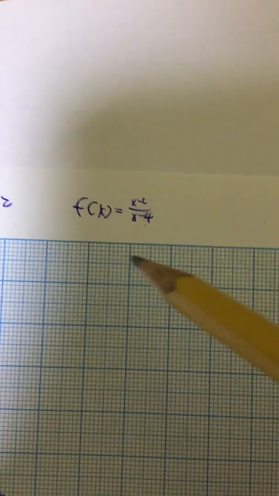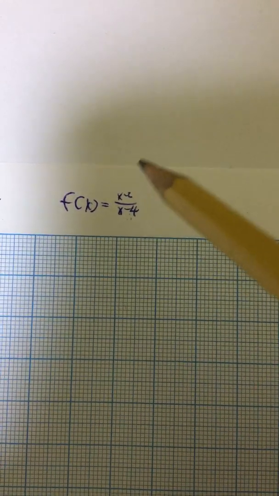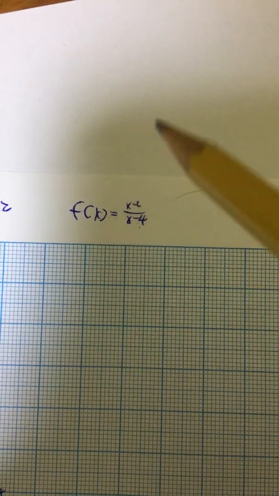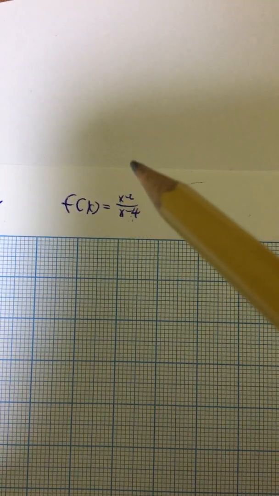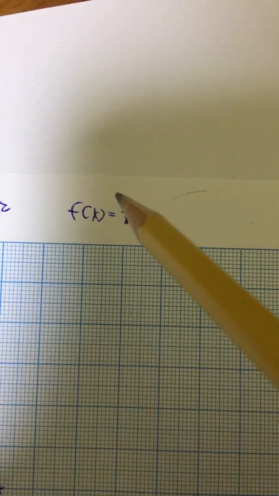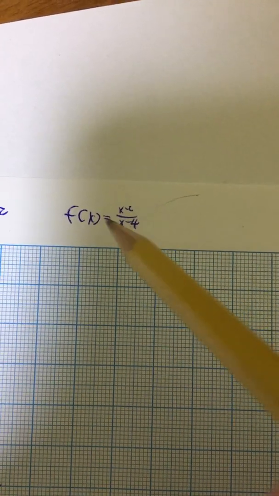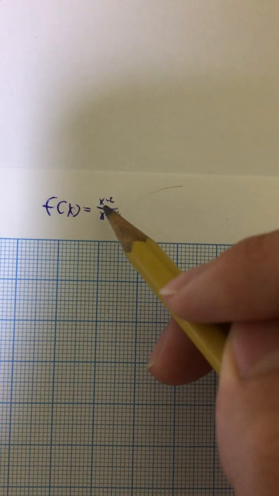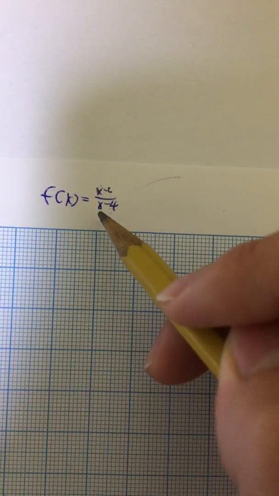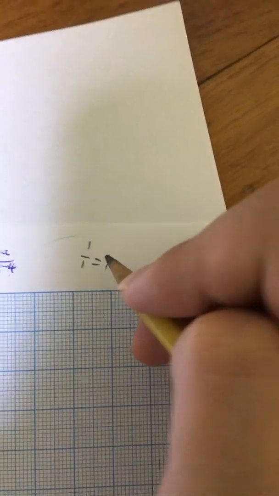You look at the highest degree, and if they're equal, which they are here, you find the number next to the first variable and divide those two. If there's nothing in front of the x, it's a 1. So this equals 1 divided by 1, which is just 1.